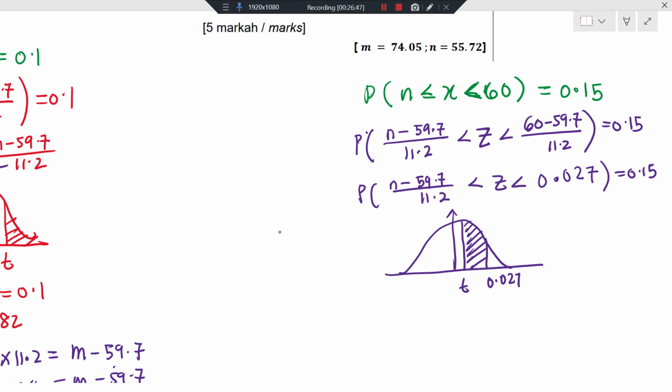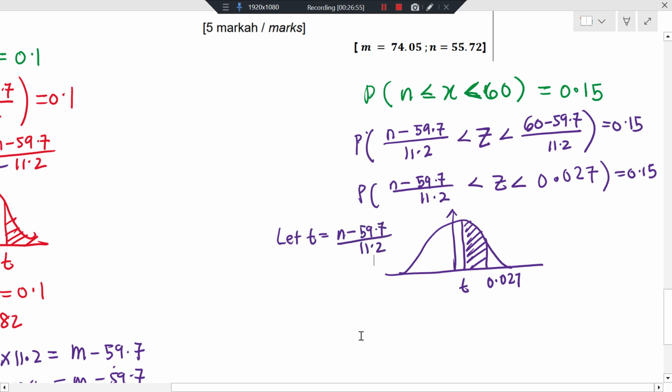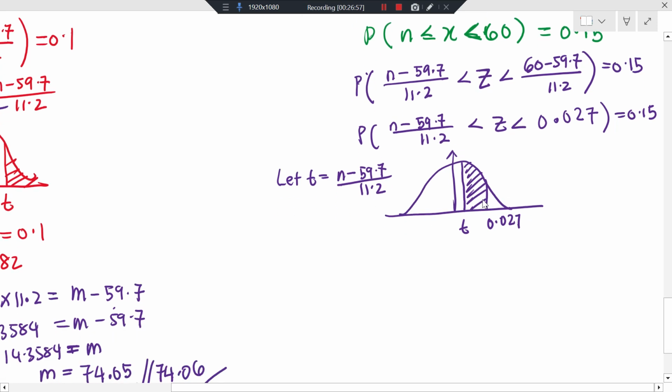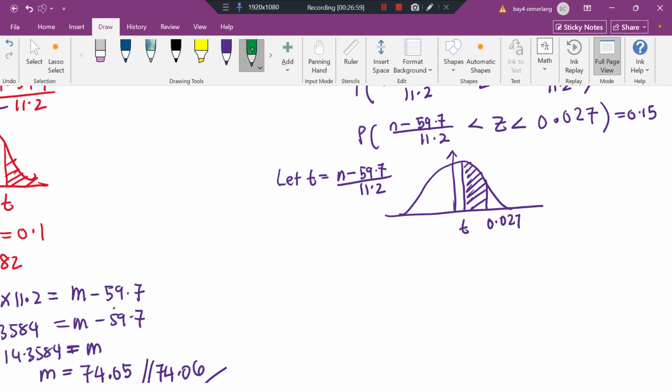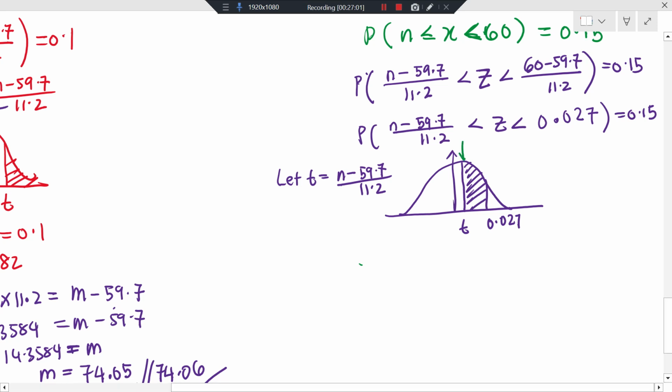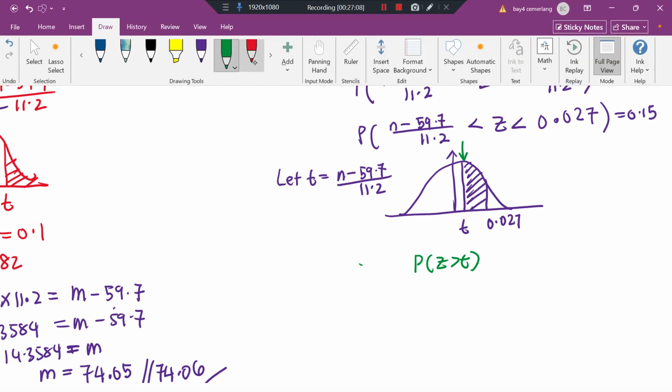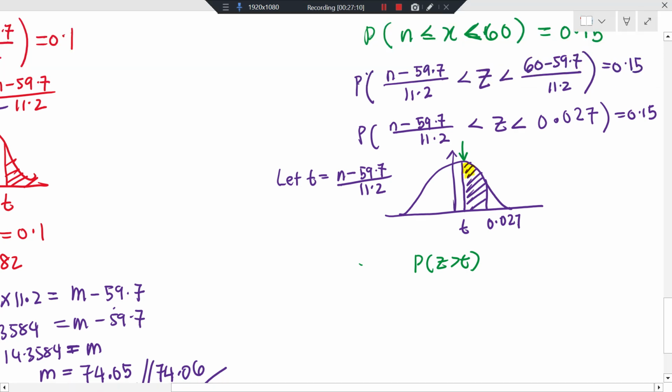Make sure you label that and let t equal n minus 59.7 over 11.2. Now how to find this area? You cut here first, probability z greater than t. Z greater than t means you get everything on your right hand side.